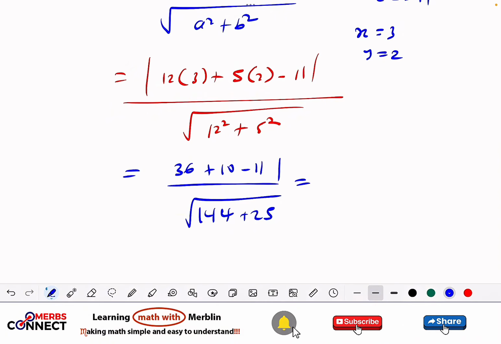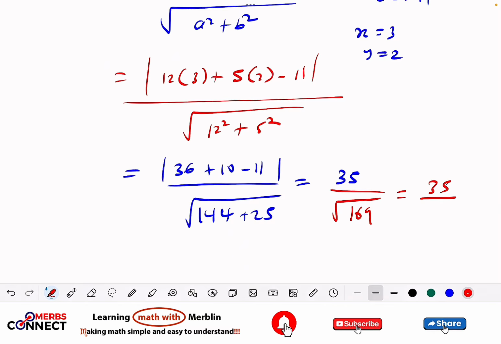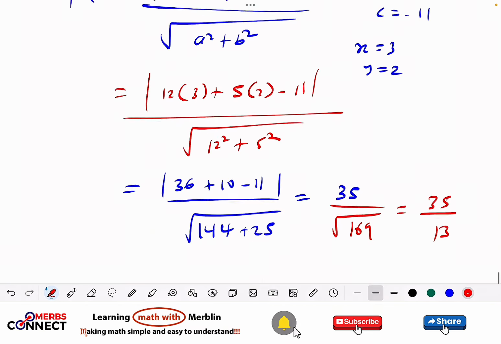And the top is going to give us, is it 37? No, it's going to give us positive 35. So since it's positive, I can ignore the absolute value. Then when I add 25 to 144, I think it's going to be 169, and this will be 35 divided by 13, 35 over 13.